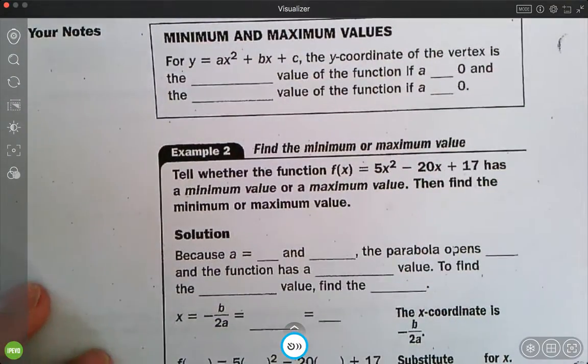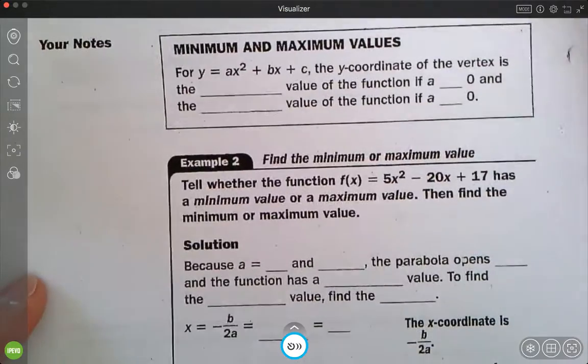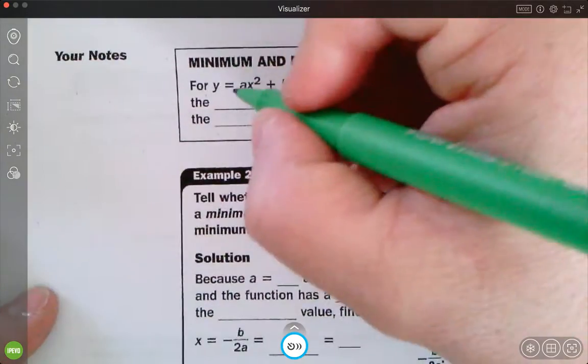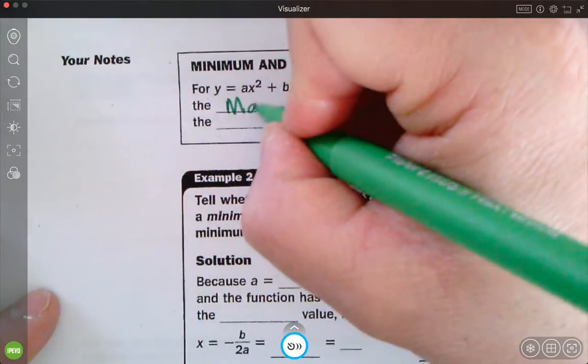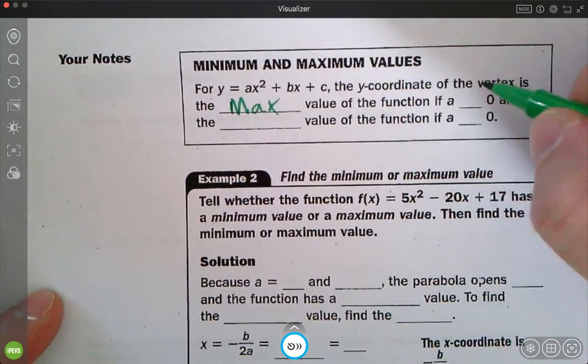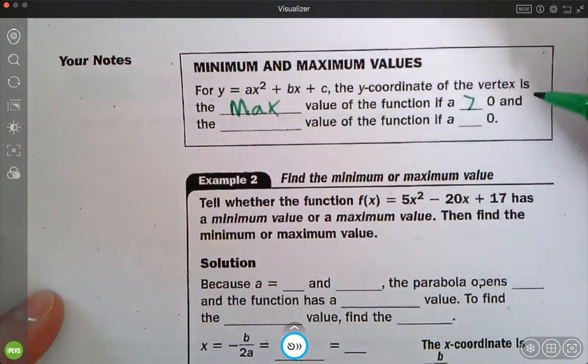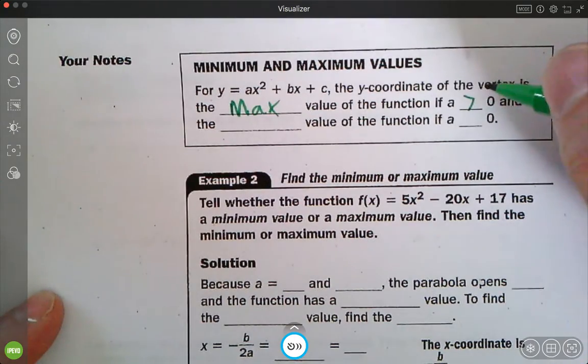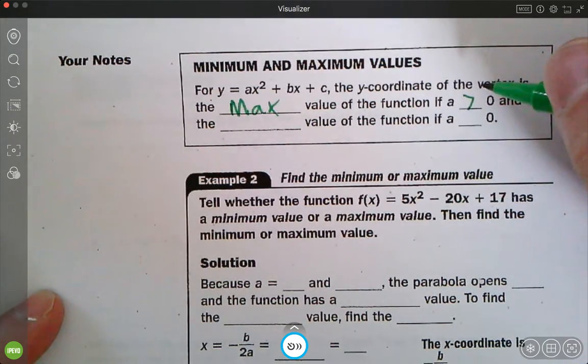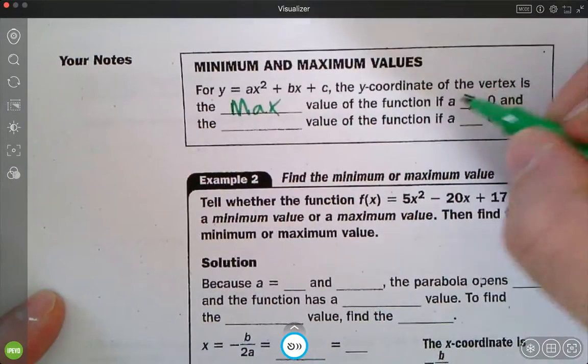So here, this is the part about the minimums and the maximums that's kind of important. Basically, you get a maximum vertex if the a value is greater than 0, because, I'm sorry, not greater than 0. I kind of messed that backwards, sorry.